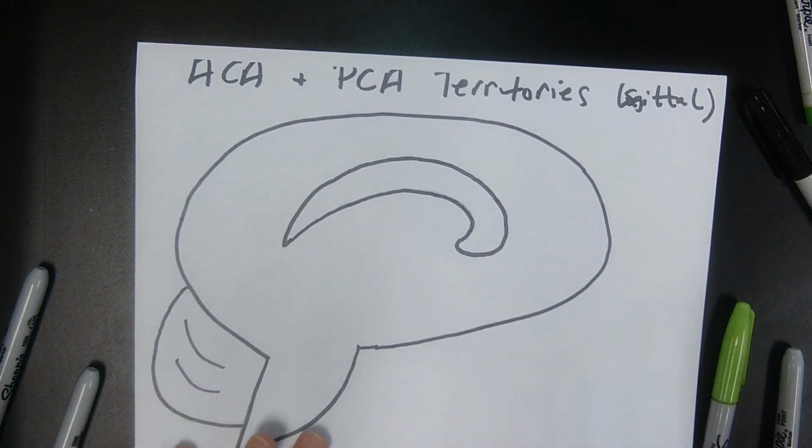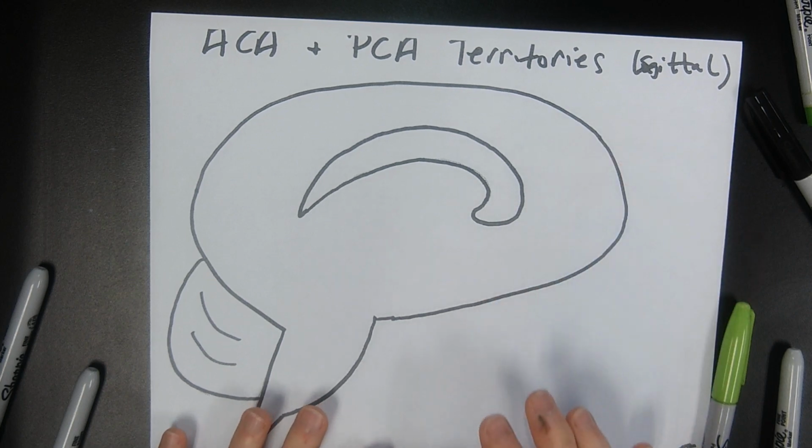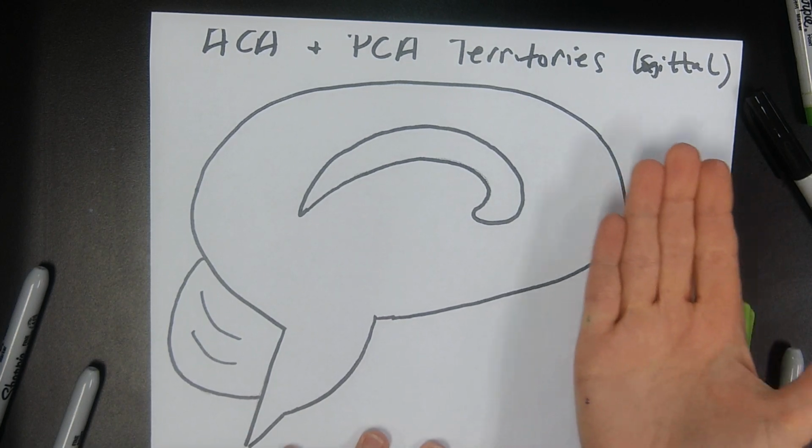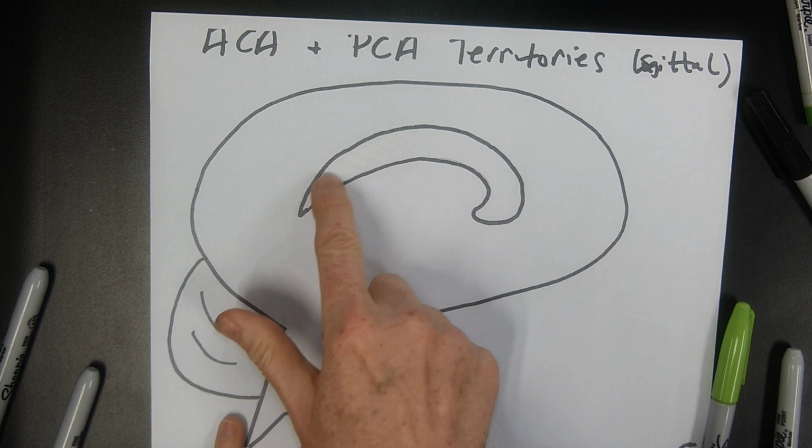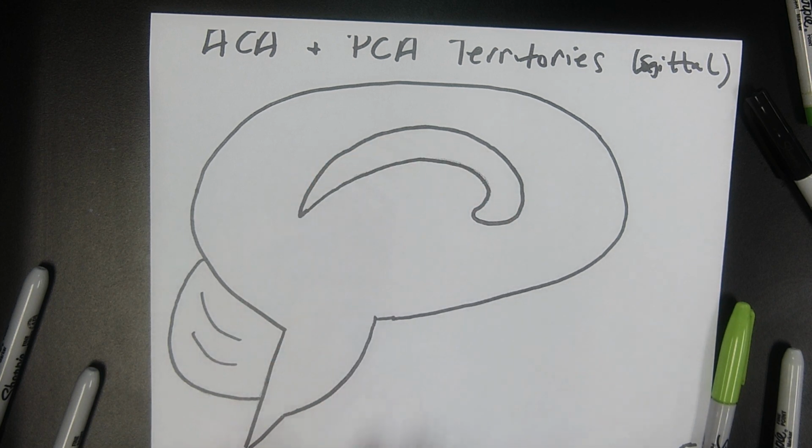Let's look at the ACA and PCA territories, and this says it's a sagittal section, right? So just straight down the middle, you're looking at the left side of someone's brain, okay? And so this is that major area of white matter called your corpus callosum.